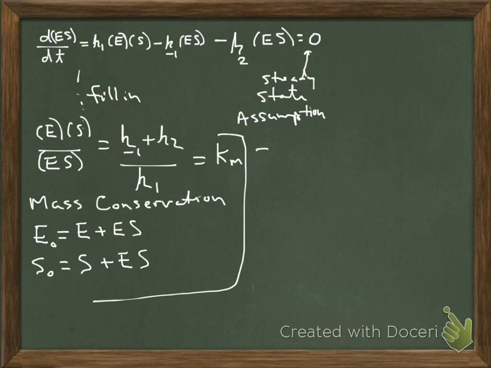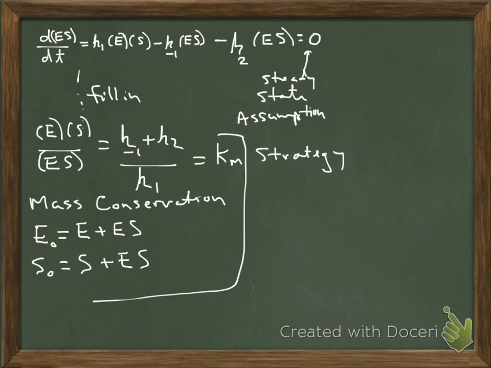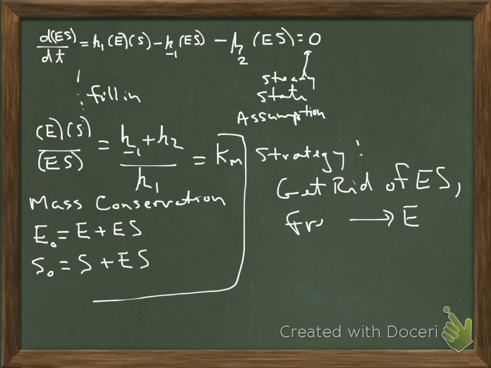So I would say the strategy here, if we go back one slide, is we need to get rid of ES, because we don't know it. And we also need to get rid of E, because that's free E, right? It's not initial. We don't know how much is free.